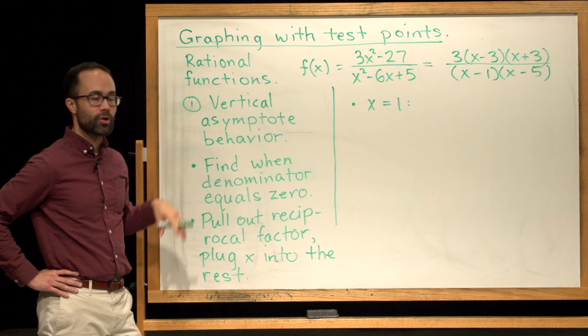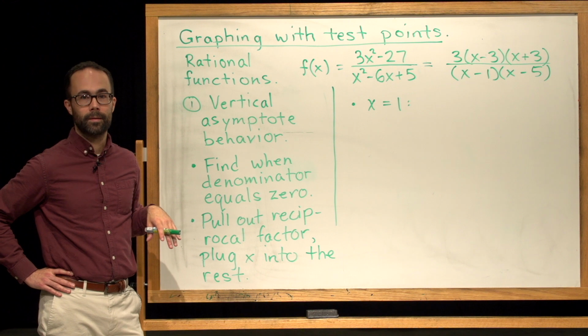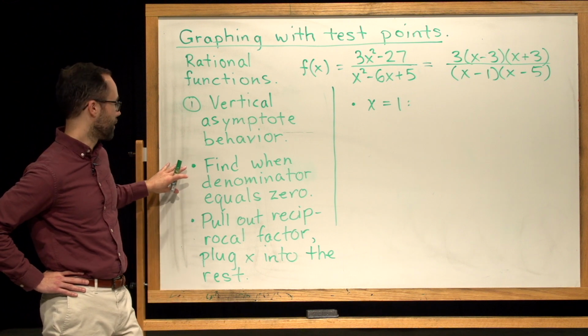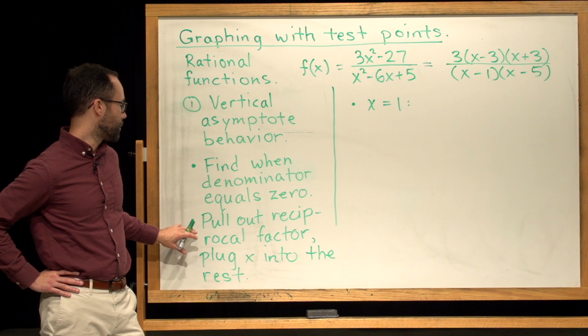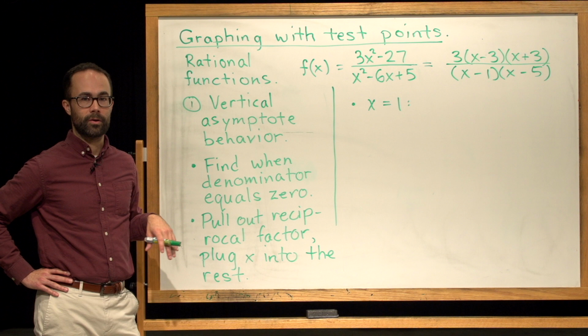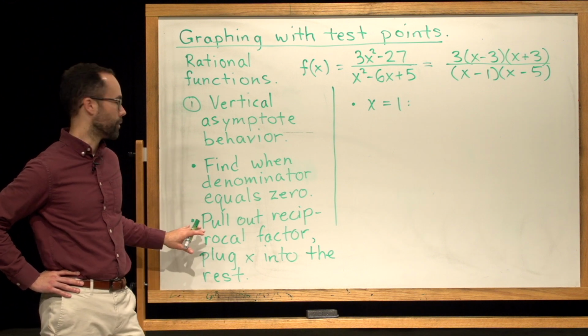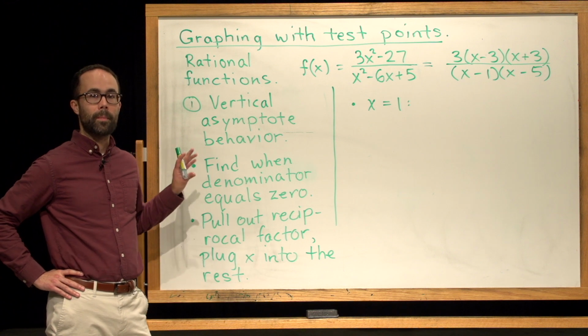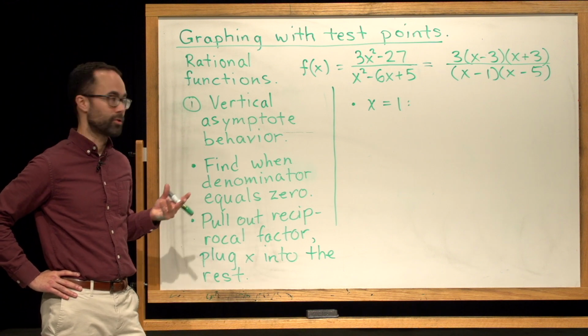So to determine that behavior, let's figure out when the denominator is 0. And then once we know them, for each one we can pull out a reciprocal factor, and then we'll plug x into the rest of the function. That will work almost exactly the same as it did with polynomials, except we might have a reciprocal function in front instead of a power function.